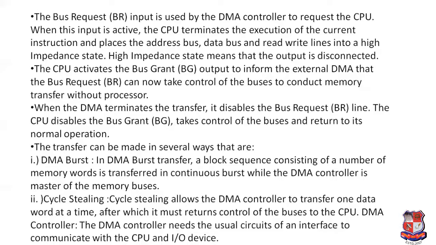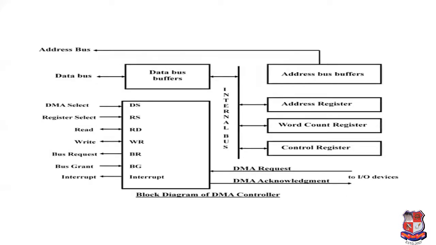The DMA controller needs the usual circuits of an interface to communicate with the CPU and the input-output devices. Now, the block diagram of the DMA controller is shown. There are various select signals, that are DS and RS, DMA select and register select. Also the read and write operations, bus request, bus grant and interrupt signals are there. Also DMA request and DMA acknowledgement signals are there.